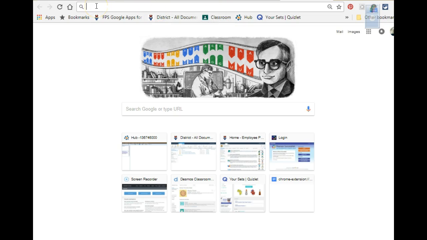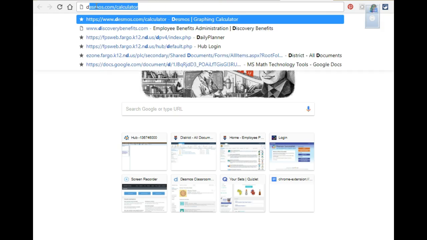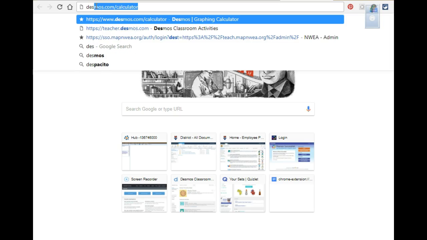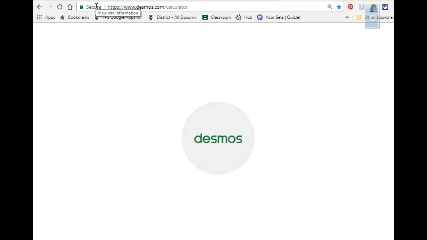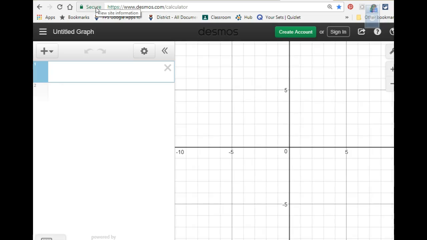When you open that tab, you are going to start typing Desmos, D-E-S, and notice when I start typing desmos.com, it comes up with a calculator. You are going to hit enter because you want this Desmos calculator, and it looks exactly like this. It should say just calculator, and yours should look like mine once you put that in.